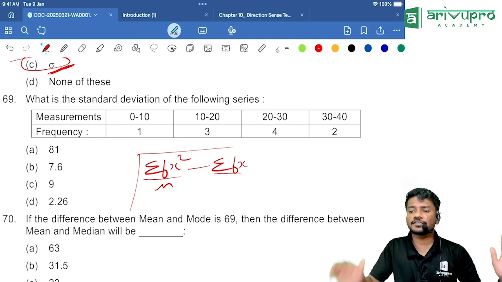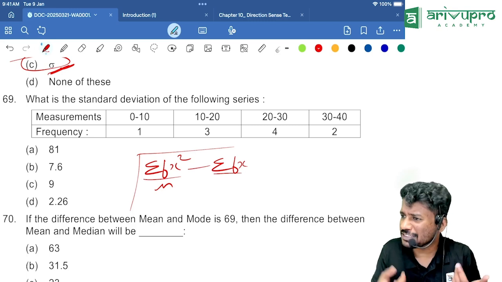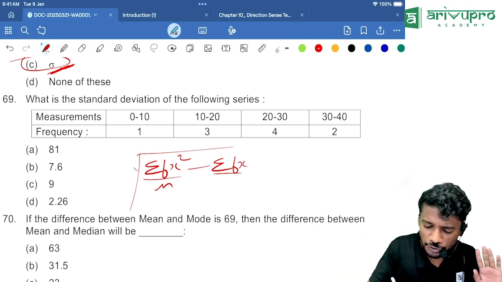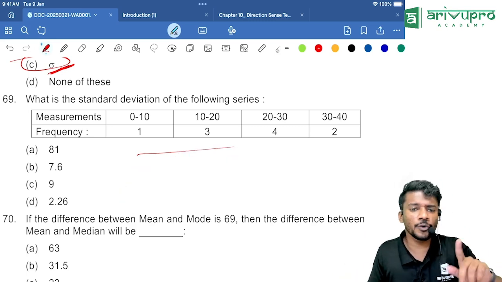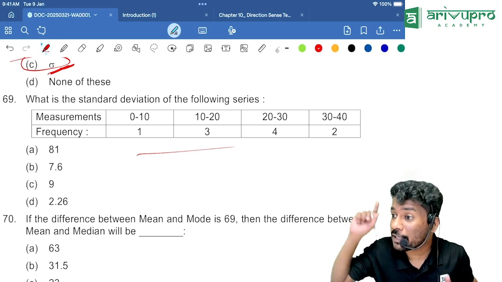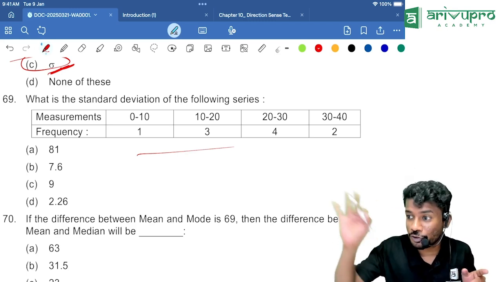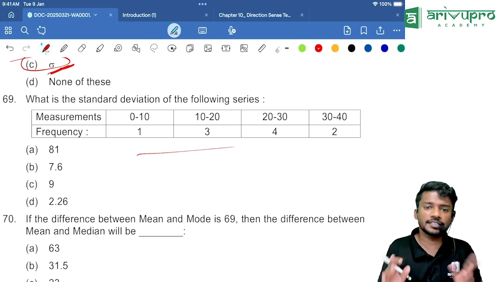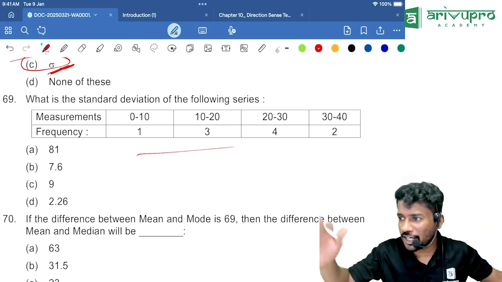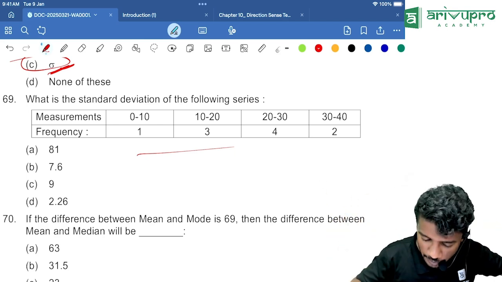Can you find the answer for me? It is direct. Whatever formula you should know, you should take the formula and do it. It's a direct question. It was in one of the model tests. So always you should know the formula to get the answer. This I'm not going to do. You should only do it. Just calculation. Just applying the formulas.